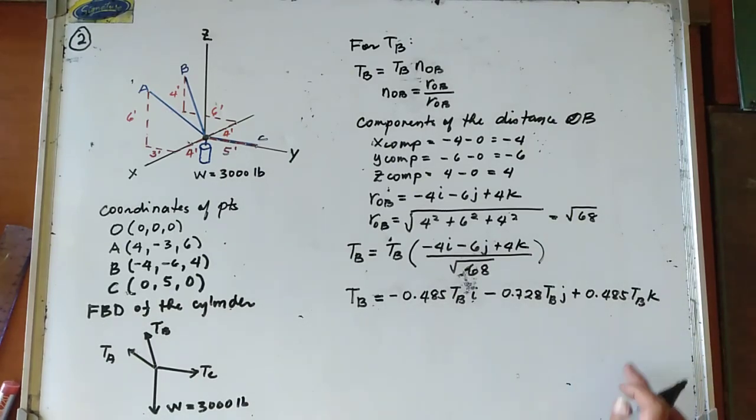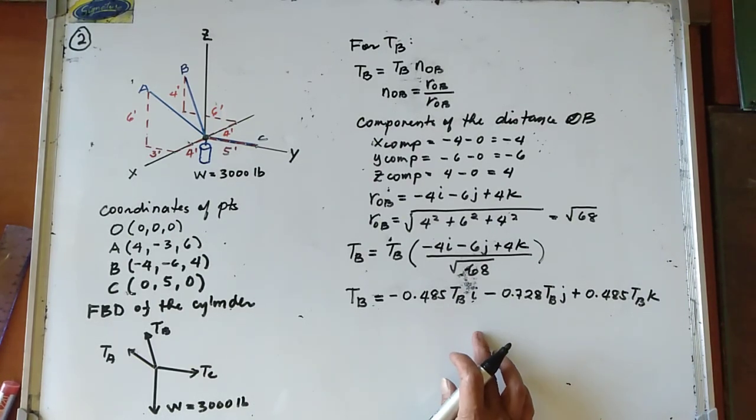So this is your tension in cable B in the Cartesian vector form.